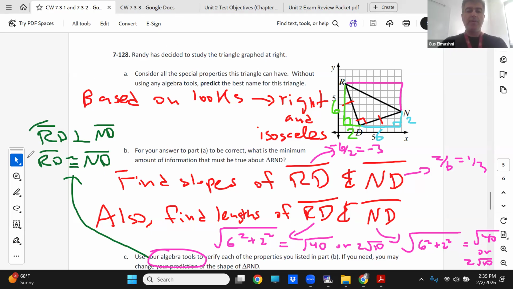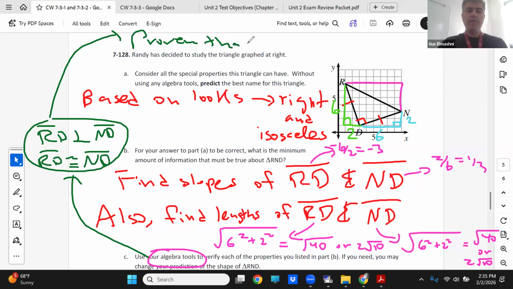So now we've proven that triangle RDN is an isosceles right triangle. So, make sense? Okay. So that's all part C.